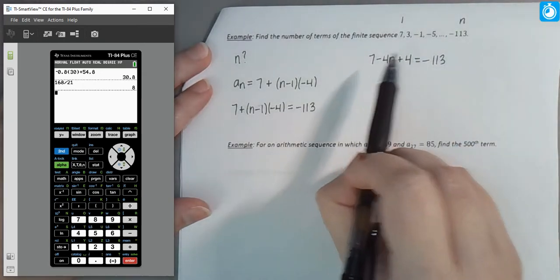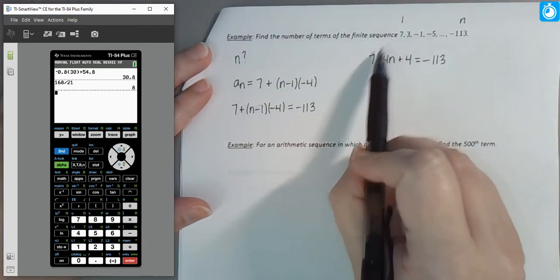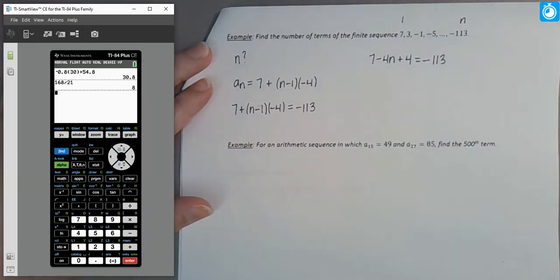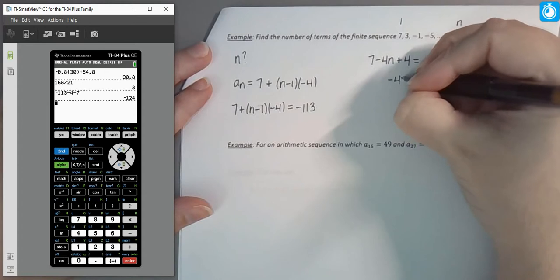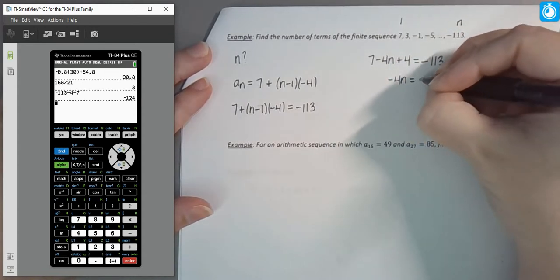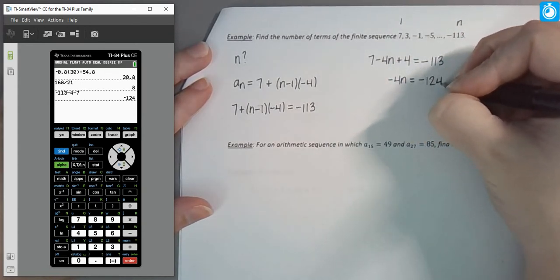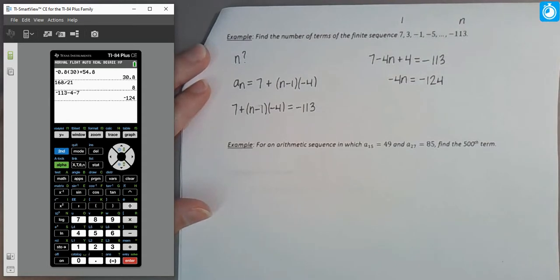Okay, now the two constants, we'll move those over so we can isolate n. So that's going to be negative 113, and then we're subtracting 4, and we're also subtracting 7 to move both of those constants over. That's going to leave us with negative 4n is equal to negative 124.